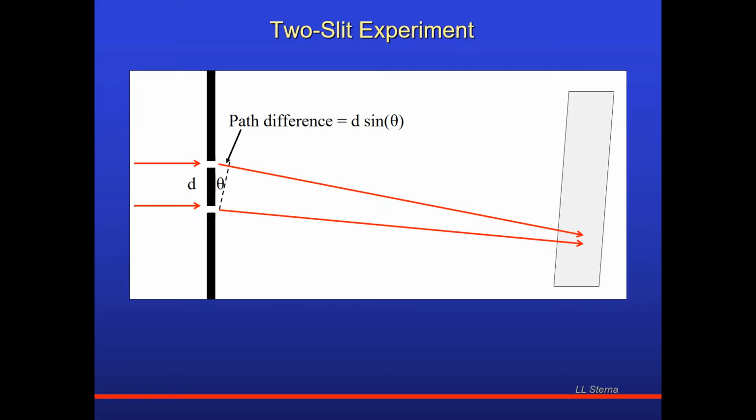So notice the upper ray has to travel further than the lower ray. And I've drawn a dashed line perpendicular to them to show you the path difference.